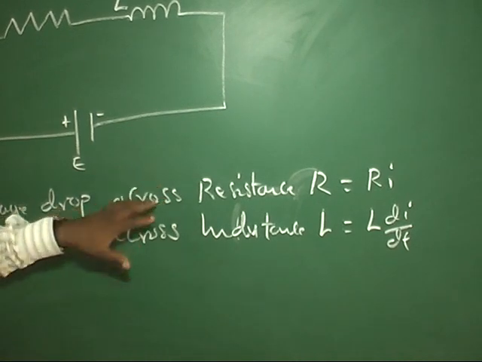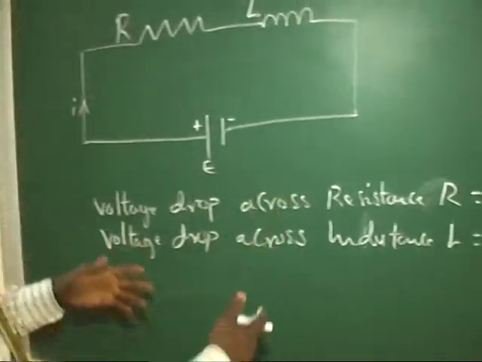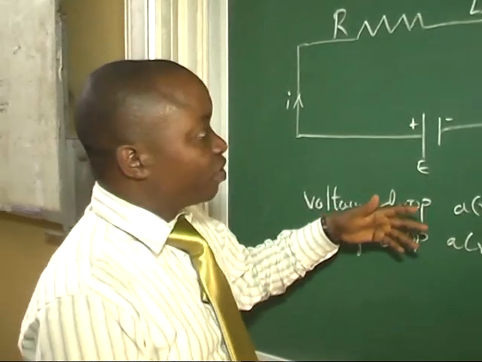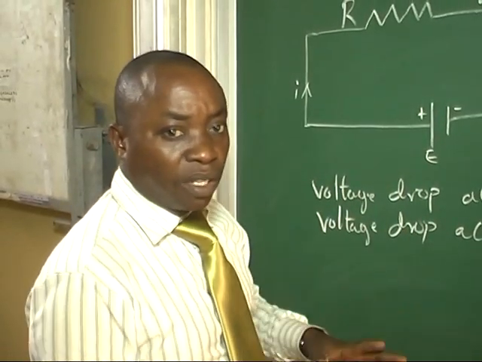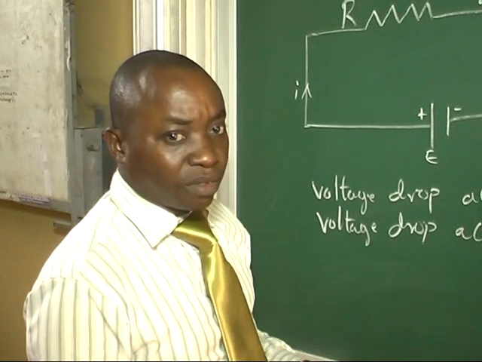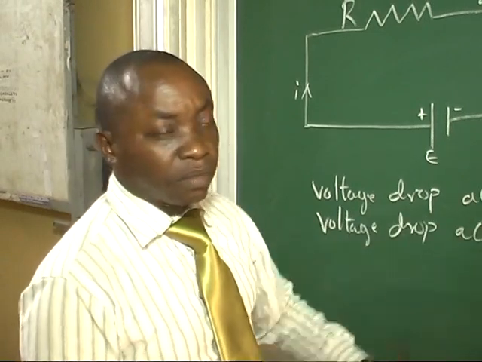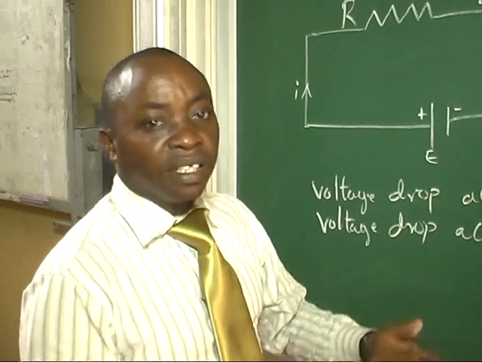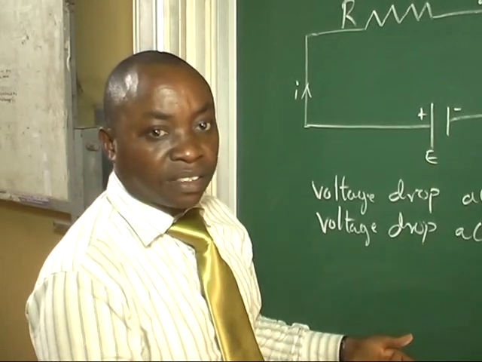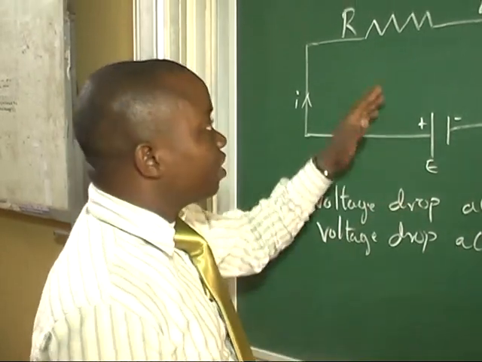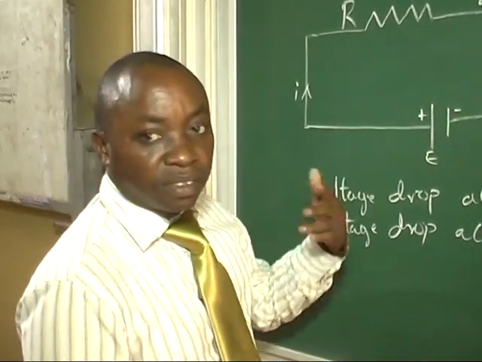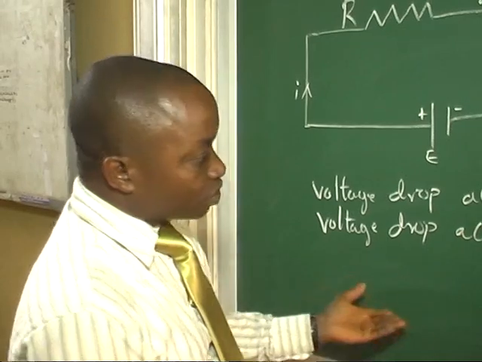In short, there's a special lecture for electrical circuits. We know about electrical circuits, so I'll just go straight to the application, not the derivation. Most of our lectures we like deriving how it started, but it is assumed that students know about electrical circuits, they know the resistor, they know the inductor, so we'll go straight.